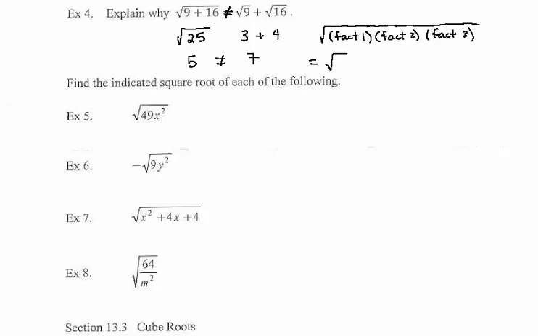We can separate these into separate square roots in this case. But these three separate square roots would simply be multiplied by one another. They're just not under the same radical anymore. You cannot do that with sums and differences.